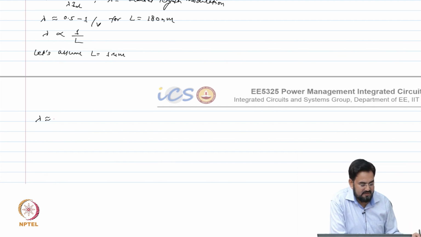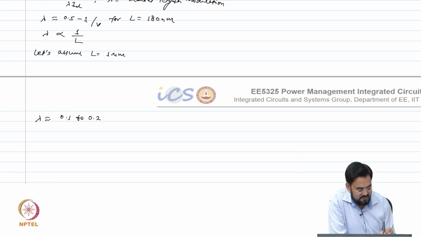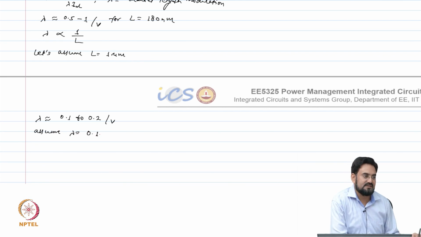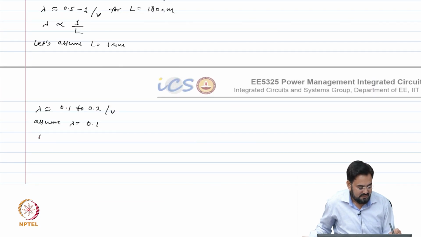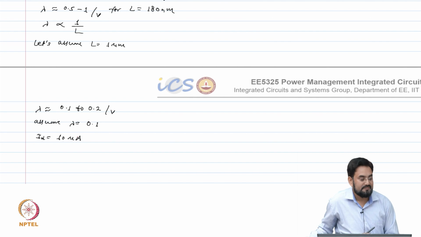If you consider 0.5 then 0.1, if you consider 1 then 0.2, which means 0.1 to 0.2 per volt. Okay. So, let us assume lambda equal to 0.1 in this case, and ID equal to 10 micro amp.